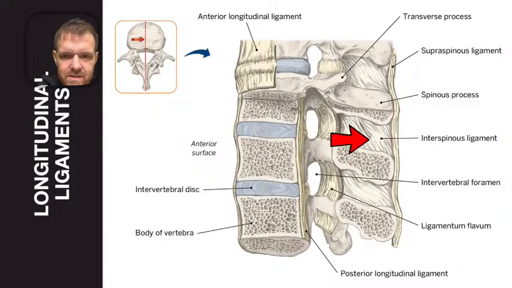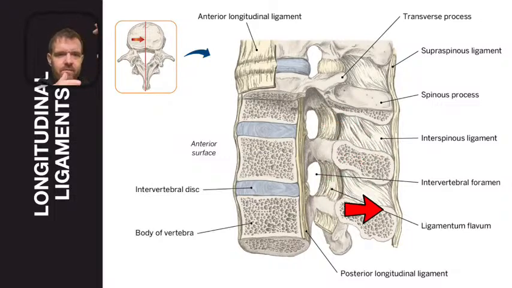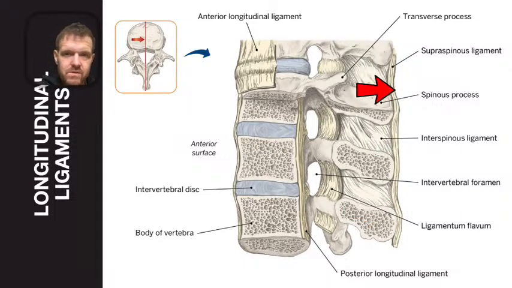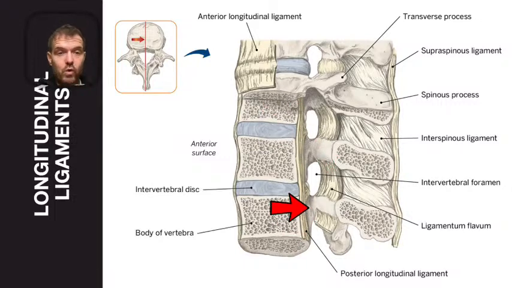And again, if you have a look at the direction of those, they are going to prevent flexion. Okay, as well the supraspinous ligament. So we've got supraspinous, interspinous, ligamentum flavum, posterior longitudinal, all acting to limit flexion of the spine.